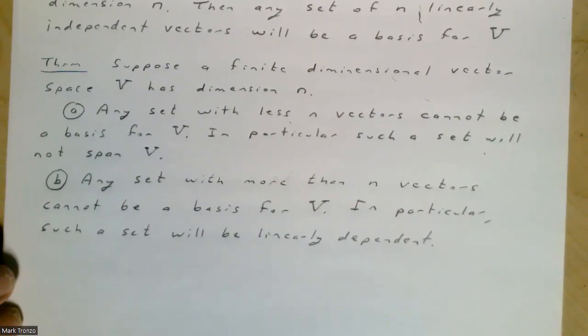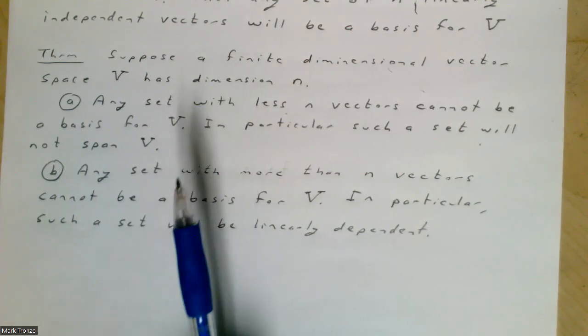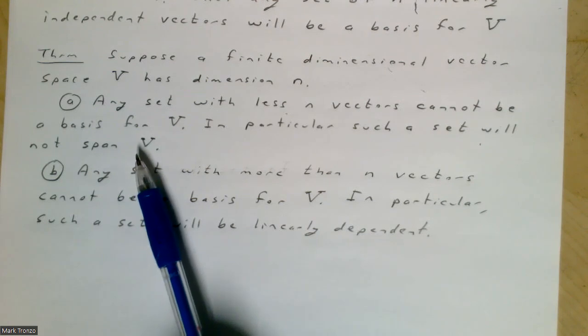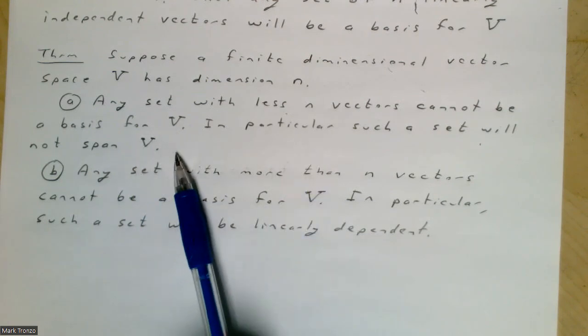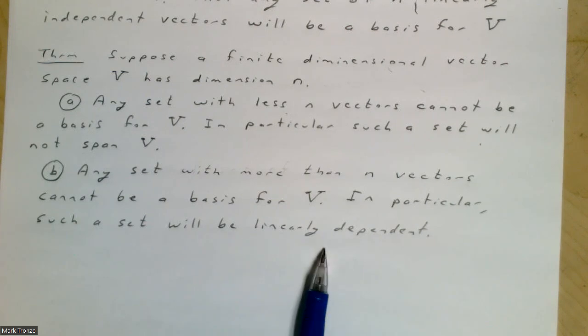So again, if you have dimension n, you need at least n vectors to span the set. If you have less than that, it won't even span the set. If you have more than n vectors, those vectors will be linearly dependent.